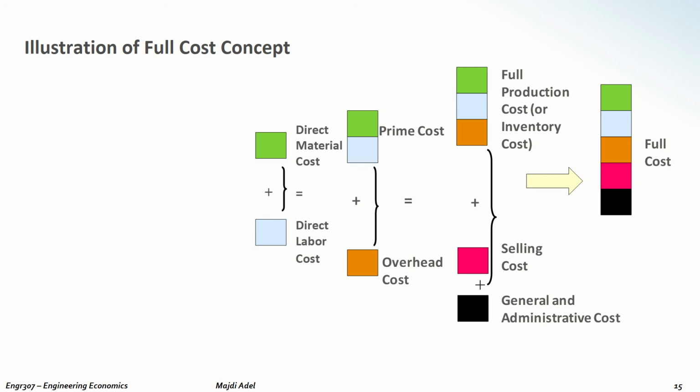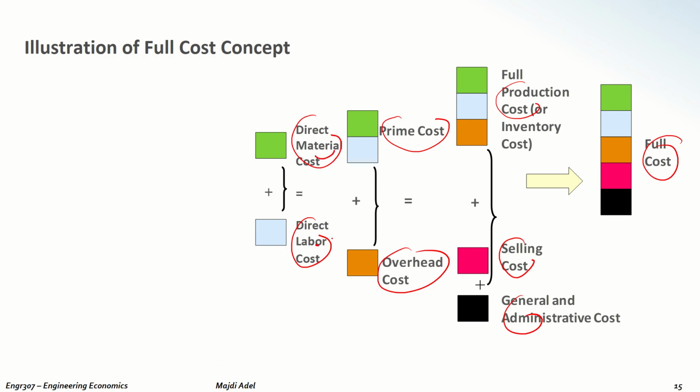And this is the summary for the cost, the full cost concept. It is direct material and direct labor. We add to them prime cost and overhead cost. We add to them production cost, selling cost, and general administrative cost, and then we will have the full cost.